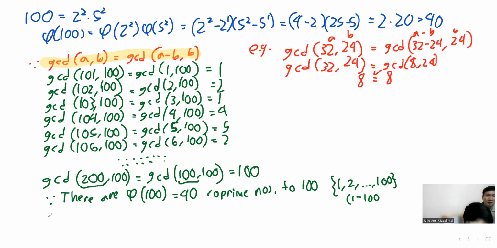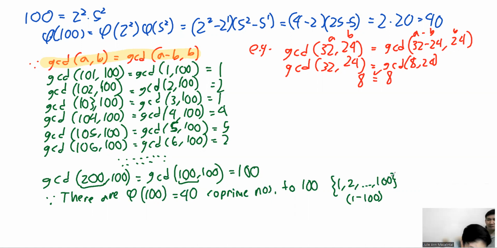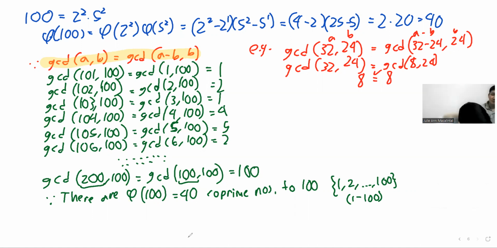There are also 40 co-prime numbers in the set from 101 to 200.